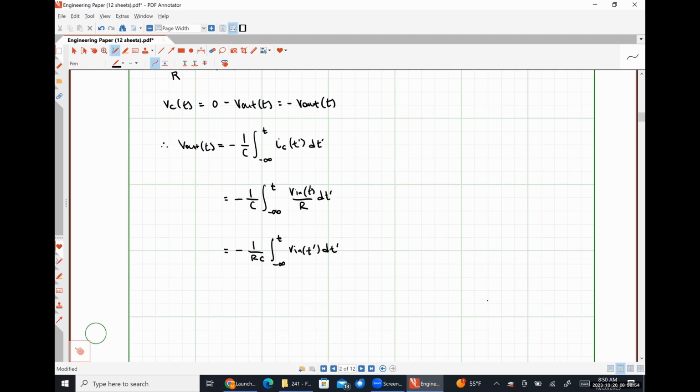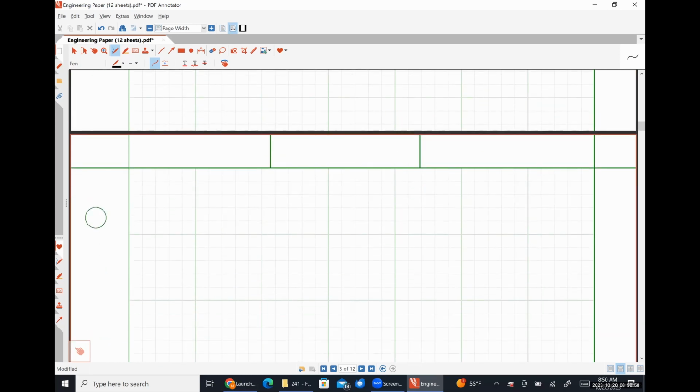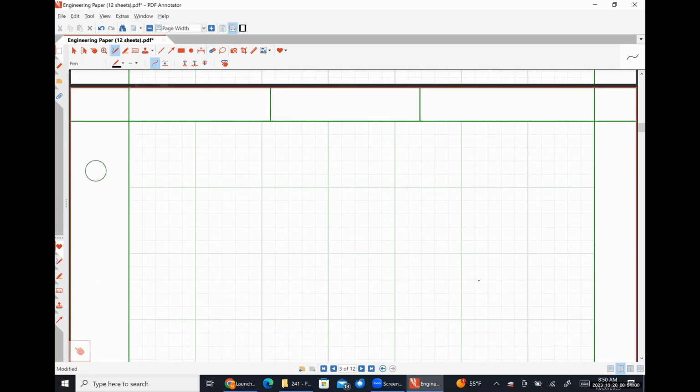Okay. So the last circuit that we're going to look at is literally the exact same thing that we just had, except that we're going to swap the position of R and C. So my resistor is going to be in the feedback position.